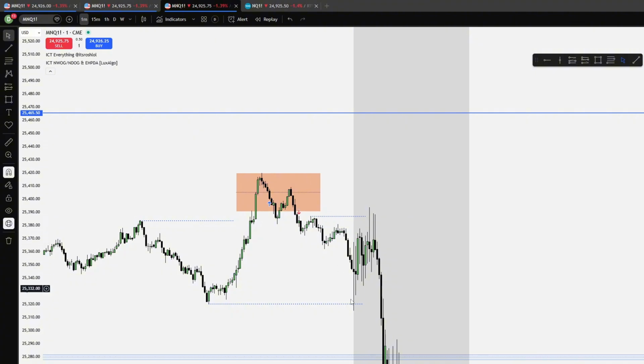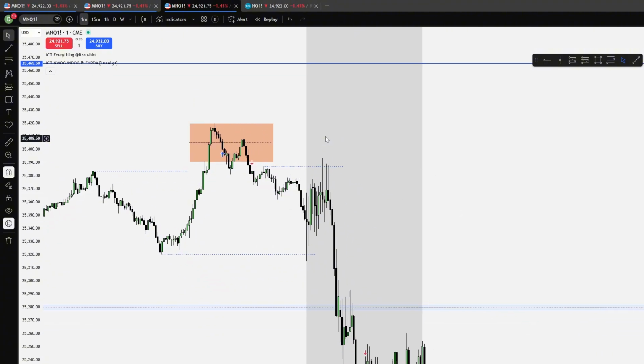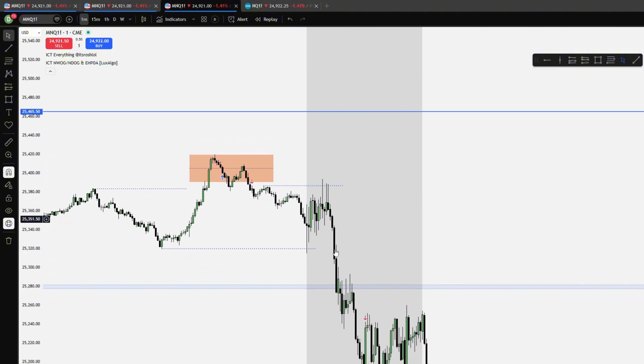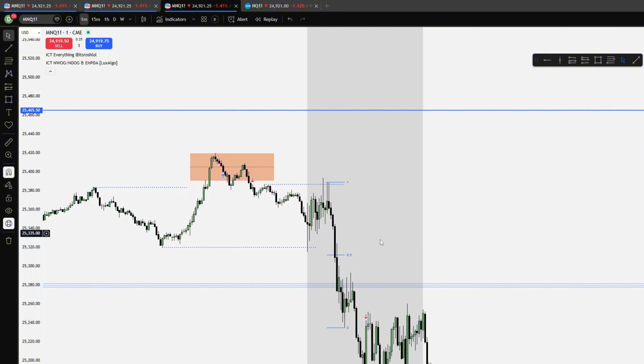They're building orders on both sides of the marketplace, and then these pre-session highs get swept. They're sweeping both sides of the market, above price, and then we finally get some displacement lower through this new day opening gap.